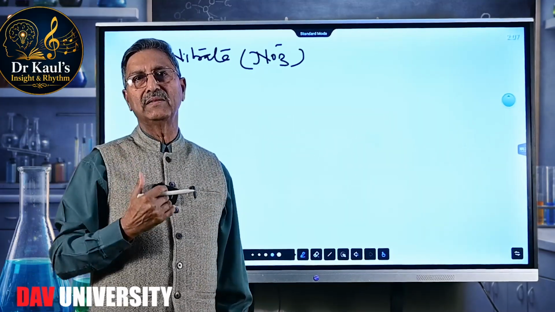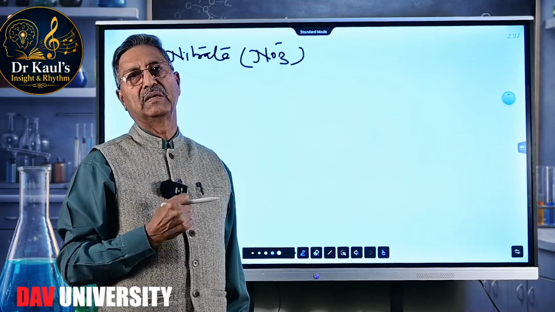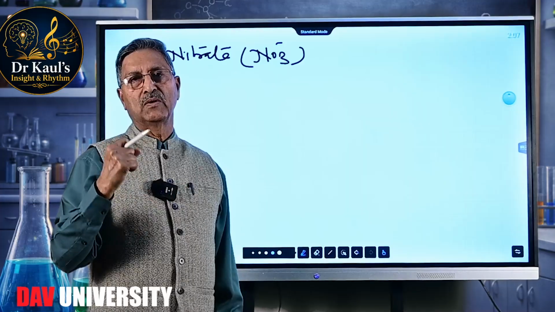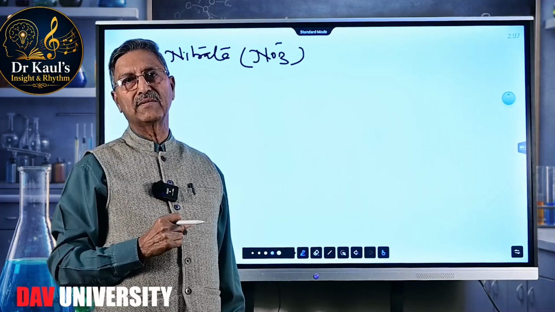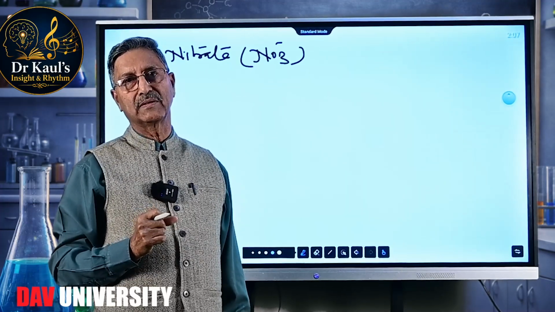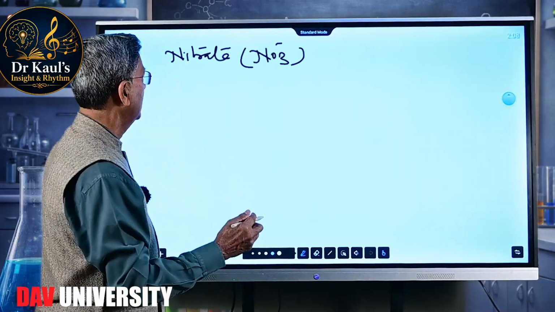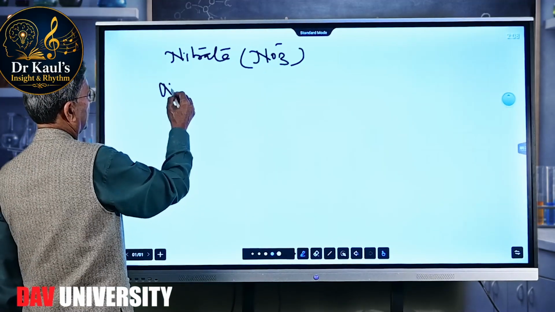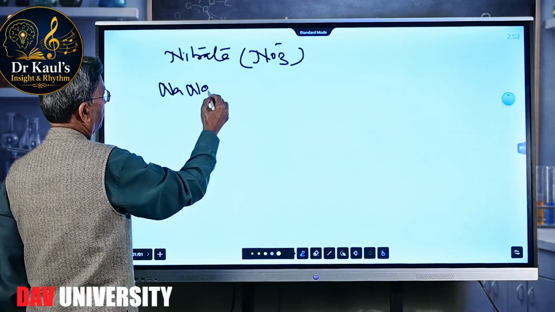Nitrate and nitrite are quite similar. However, nitrite is decomposed with dilute H₂SO₄, whereas nitrate is decomposed by concentrated H₂SO₄. So suppose we have got some nitrate, let's say sodium nitrate.